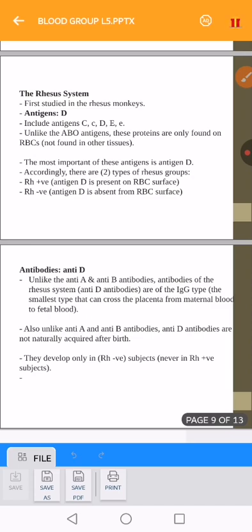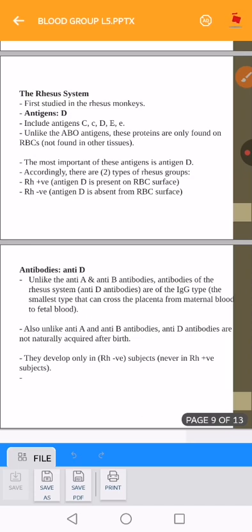Okay, they develop only in rhesus negative subjects, never in rhesus positive subjects. So we need to know how that antibody develops, because naturally, if someone has the antigen D and antibody D at the same time, the RBCs will be destroyed.